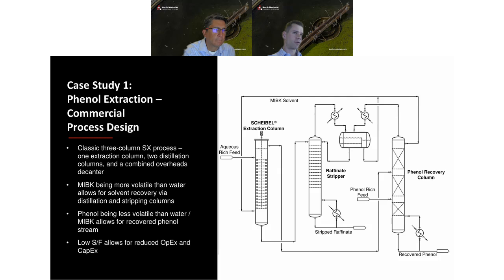I'll go back to the phenol extraction slide. Recovering the MIBK from the raffinate stream leaving the column, where you'd have that soluble amount of MIBK, you'd use a raffinate stripper there essentially. That allows you to recover the MIBK, and ultimately that recovered MIBK gets circulated either back to the extraction column or back to the phenol recovery column as reflux.